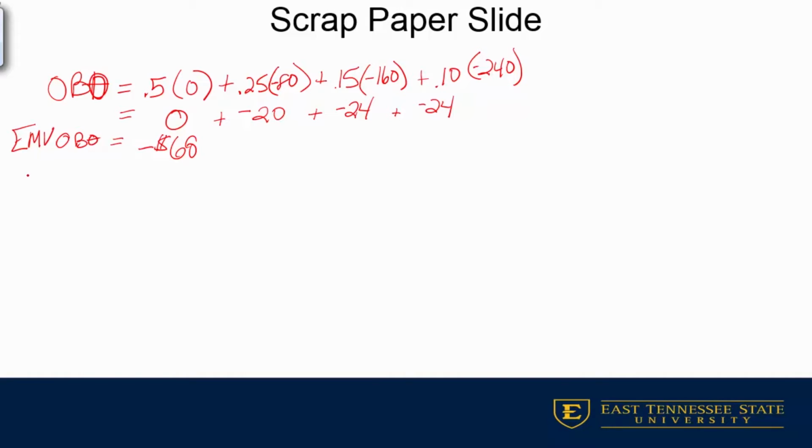If I overbook 1 room, I want to find the expected monetary value. Again, I'm using my 0.5 probability for having 0 cancellations, and I would be out that $140.